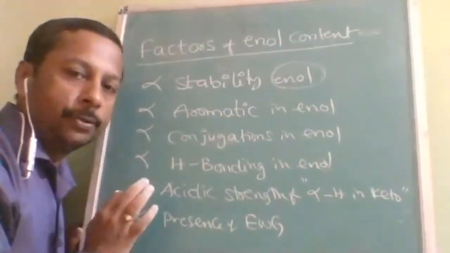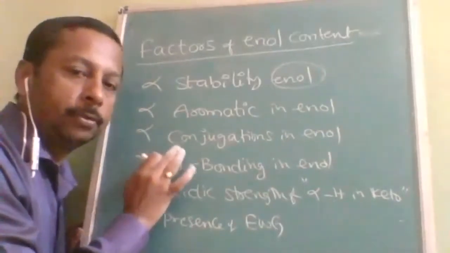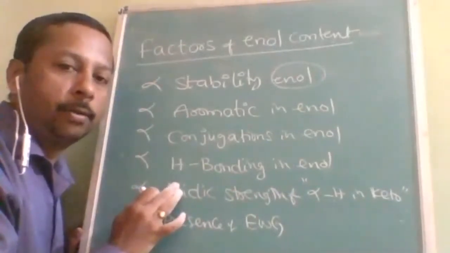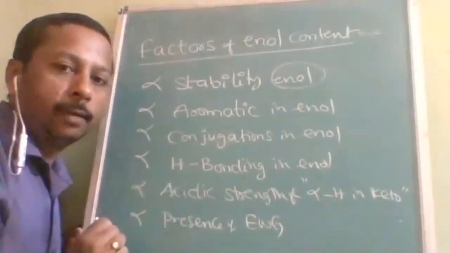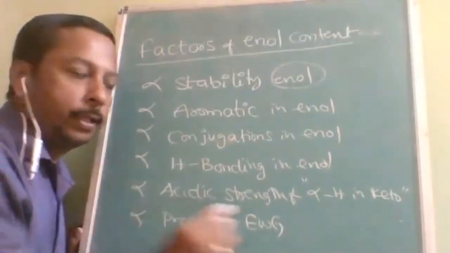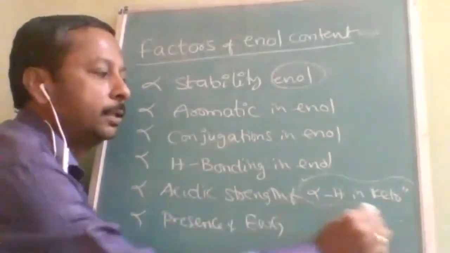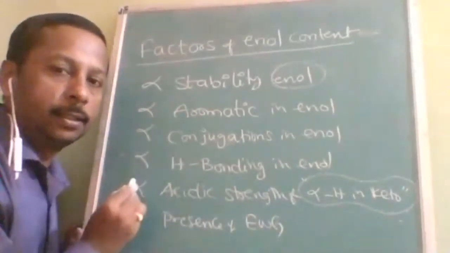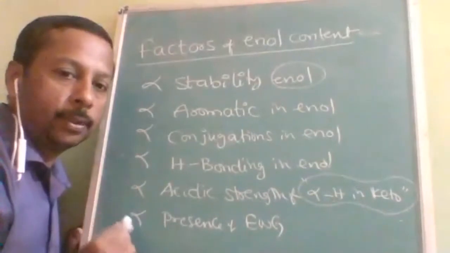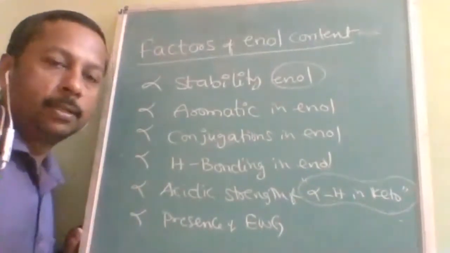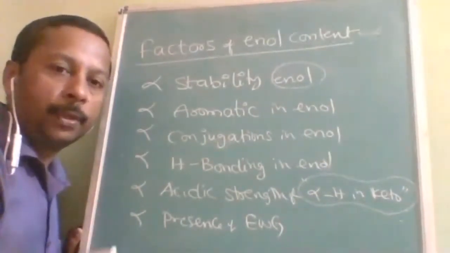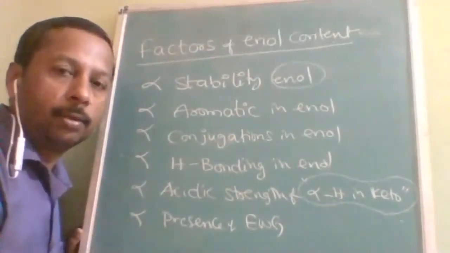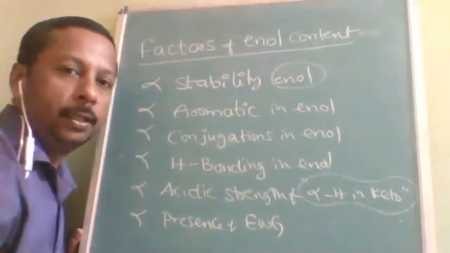If the number of conjugations is more in enol form, then it is going to continue in the enol form. If hydrogen bonding is possible in enol form, then it will have enol form only. Then if the acidic strength of the alpha hydrogen in the keto form is more, that contributes to enol form. And the presence of electron withdrawing groups favors the enol content.